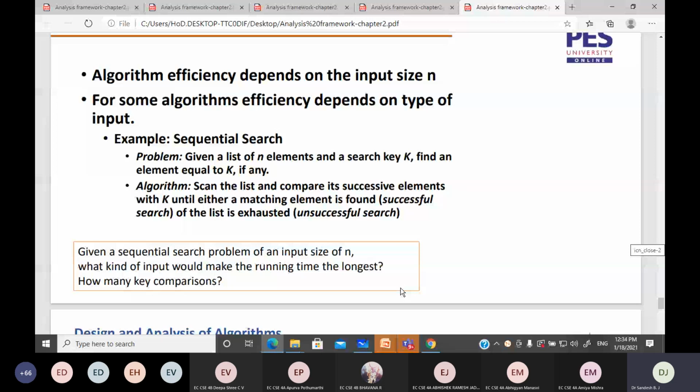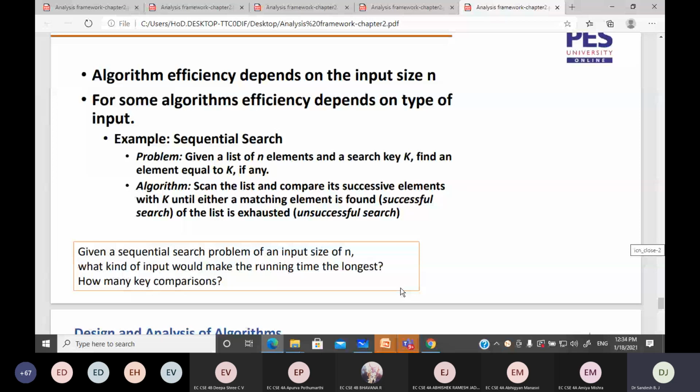For example, if you are doing a sequential search on a given set of elements and the first element is the one you are looking for, this search will take minimal time among all inputs.